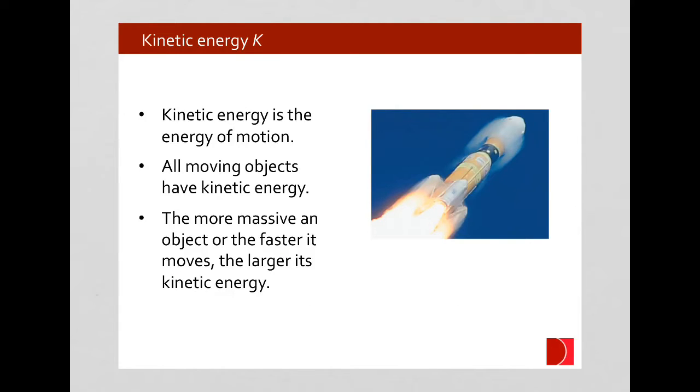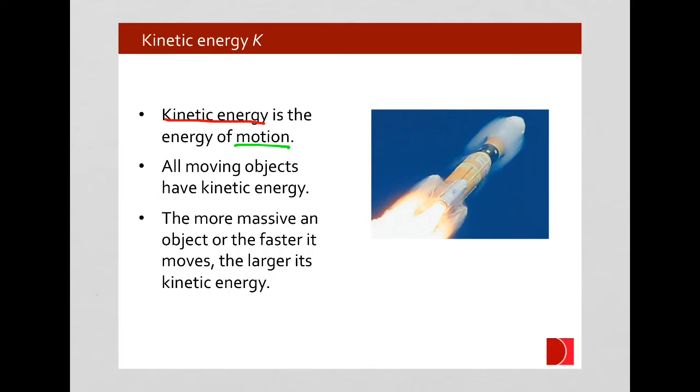One type of energy that we'll see is kinetic energy. Kinetic means moving or in motion, and indeed kinetic energy is the energy of motion. It takes a certain amount of energy to get an object to move, and the kinetic energy that an object like this rocket carries is a measurement of how much energy went into getting that rocket to move, and then how much energy would be released if that rocket were brought back to a halt.